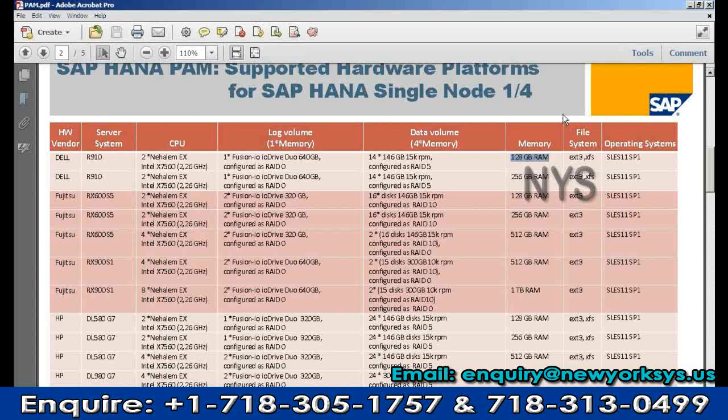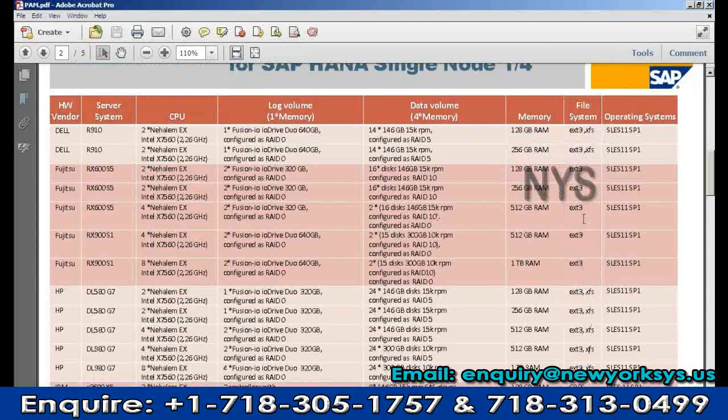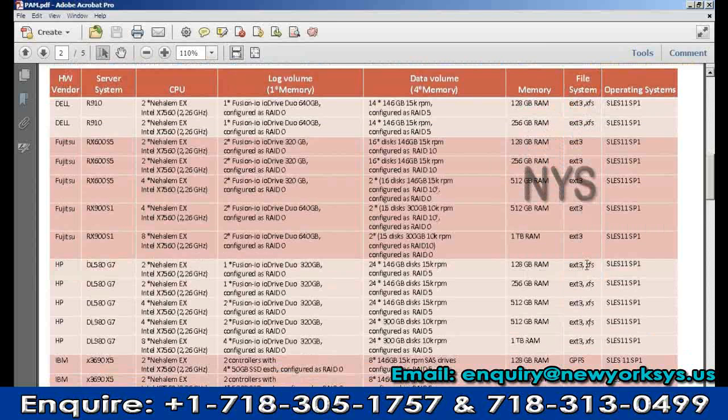Next is the file system. There are 4 or 5 file systems available, like ext3, XFS. But the preferred file system, the one that works very well with the HANA server configuration, is GPFS. GPFS is a proprietary file system by IBM, only used on IBM servers.